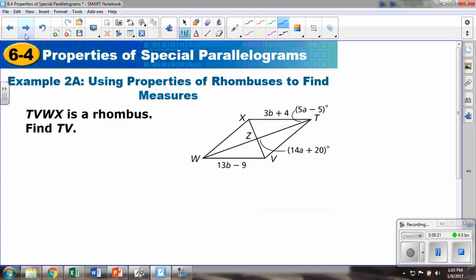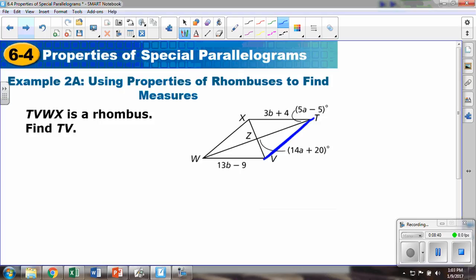Okay, here we've got a rhombus. What are we looking for? TV. Right? TV is over here on the right-hand side. Well, perhaps the most important characteristic to recognize here, it is a rhombus.